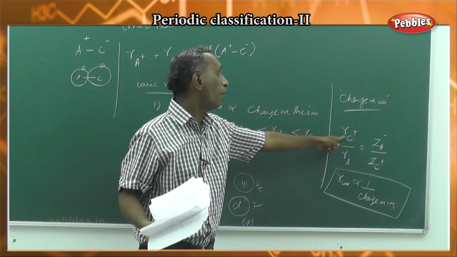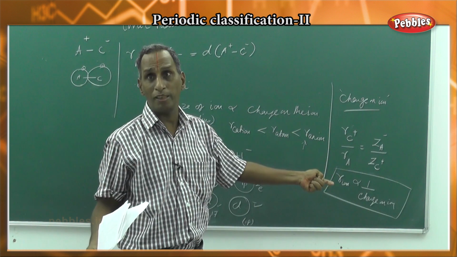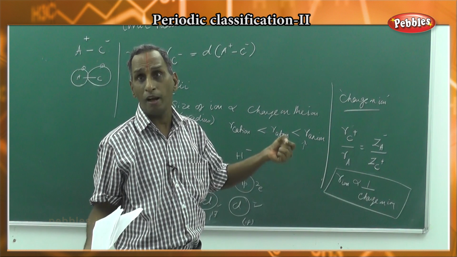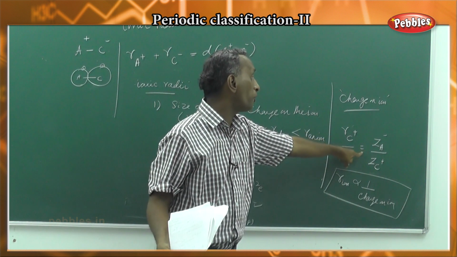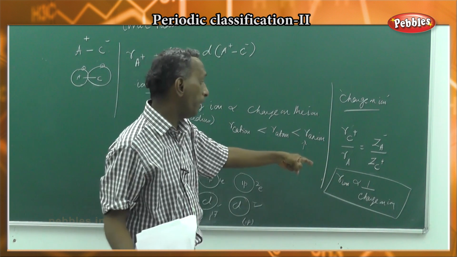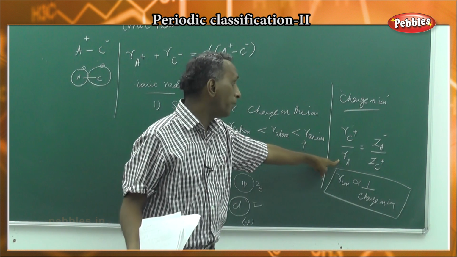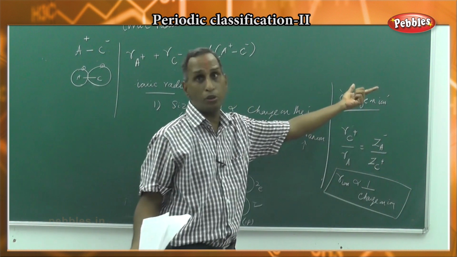What does it mean? Rc plus is inversely proportional to Zc plus, where Zc plus is the charge on the cation C plus. If you introduce a constant of proportionality, it equals K by Zc plus. Similarly for Ra, since Ra is in the denominator, Za goes to the numerator.